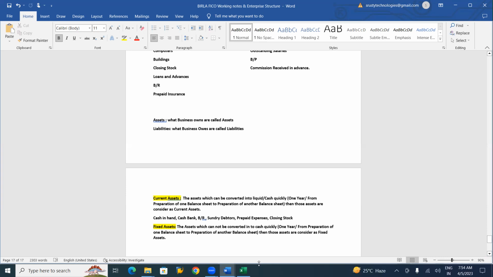Because at the time of purchase of the building, we want to use it for our business. So what will we think? We will think that we want to utilize that particular building for a longer period, not for 1 year. We will assume that we are going to use it, going concern concept.